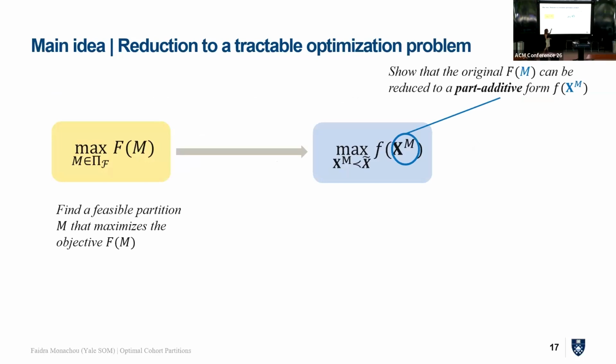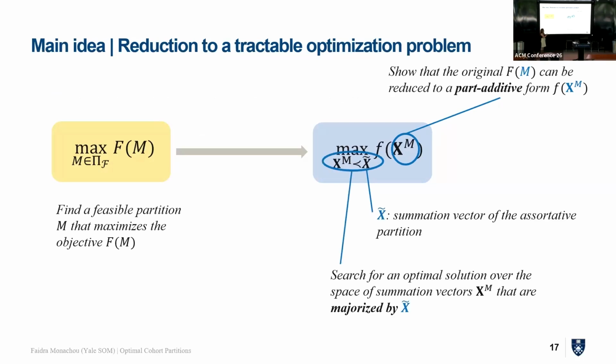We observe that the original objective can be reduced to a part additive objective for the objectives that we care about as policymakers. And also we can reduce the search space. Instead of looking for any feasible partition policy, we can search for an optimal solution over the space of the summation vectors of these policies that are majorized by the summation vector of their sorted partition.